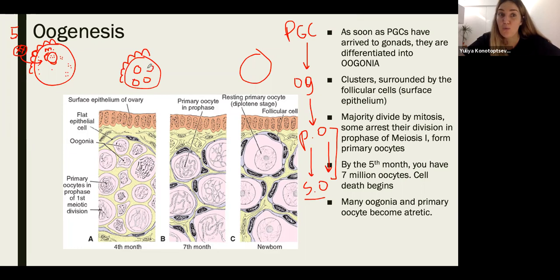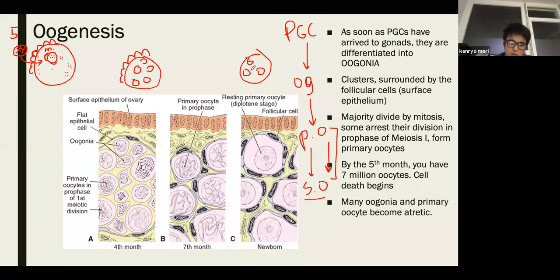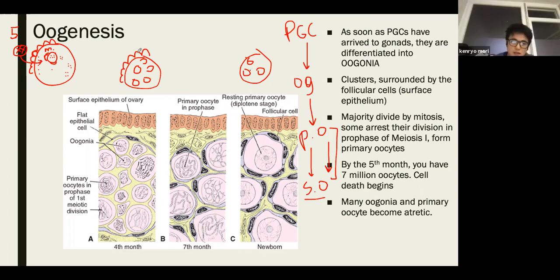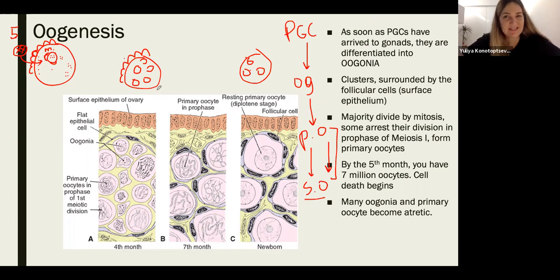There are so many clusters, I can't possibly count how many. Which cells surround the clusters? Follicular cells. And these follicular cells come from the surface epithelium of the gonad. Is this clear?